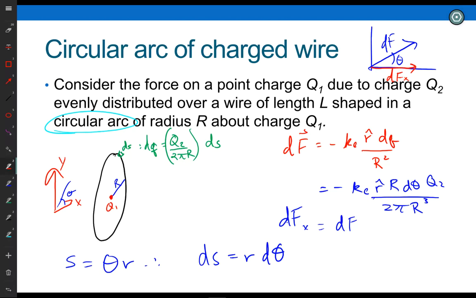For dFx, it's the adjacent, so that's cosine. Then it'd be cosine times dF, I believe, right? Yes.